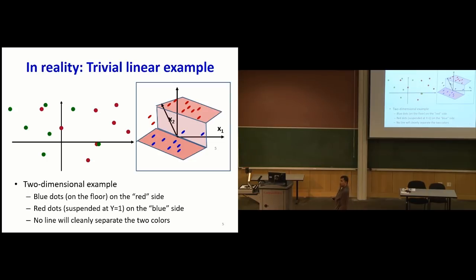But then you are trying to learn this from training data, and the training data are going to be of this kind. You have a bunch of red points sitting at a height of 1, and a bunch of blue points sitting on the floor at a height of 0. Except what you will actually get is not something that is so cleanly separated by a line. You're going to get some red points hanging in space in the so-called blue region, and you're going to get some blue points sitting on the floor in the red region.